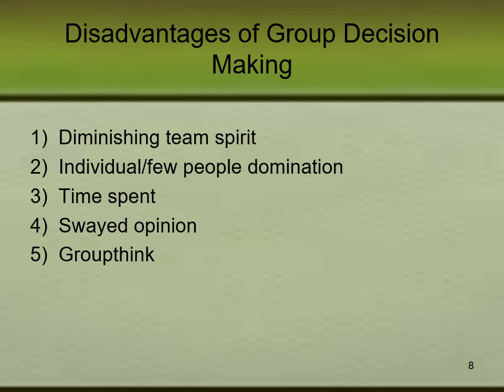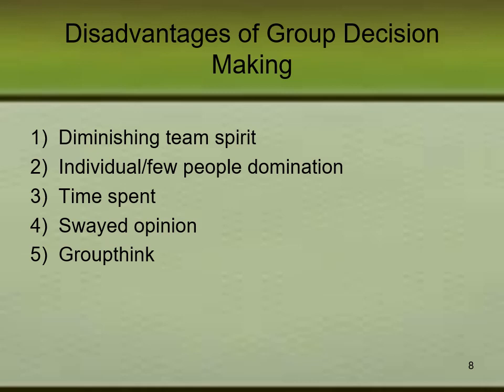Next disadvantage is swayed opinion. What is meant by swayed? Swayed here means influenced. Some group members' ideas can easily be influenced by other members. Katalah seorang ni bagi idea, ni senang dipengaruhi oleh orang lain, ataupun orang lain mempengaruhi idea yang diberi oleh seseorang group member.